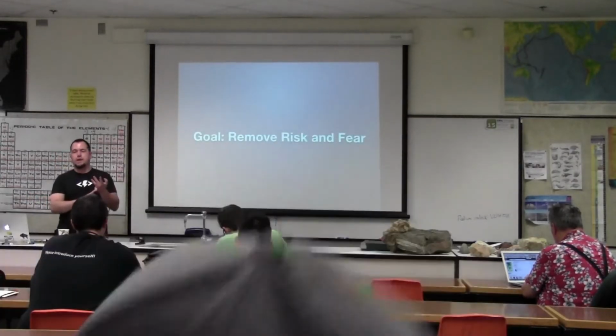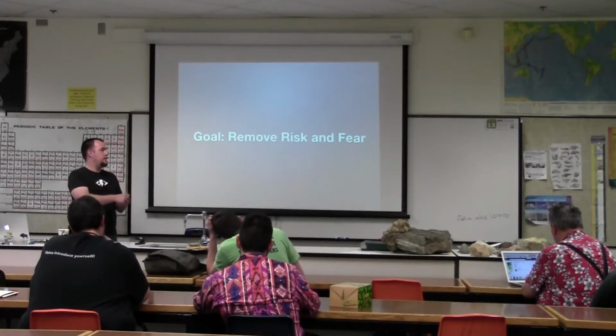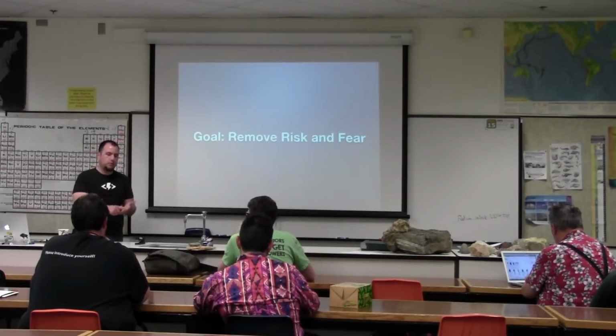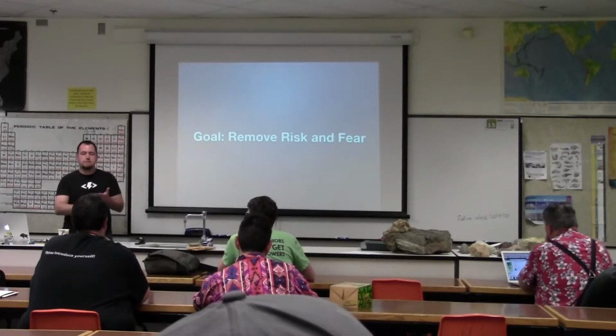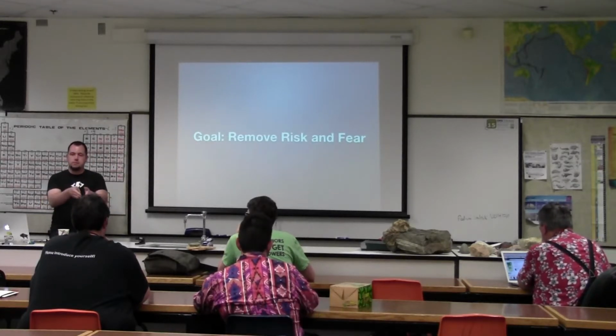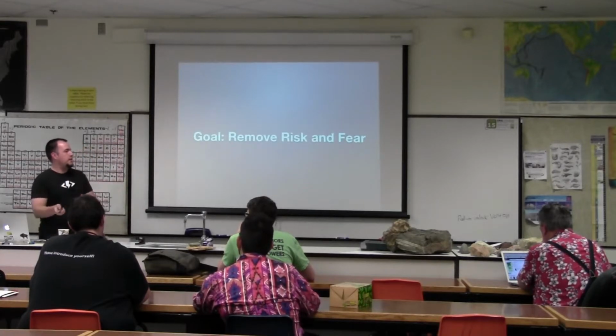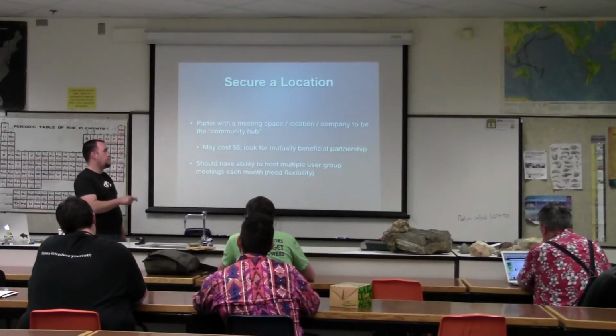How do I get the word out? So if you can focus on removing all that risk, where we'll give you everything you need if you have a user group, and it's a decent enough market, not something super niche, and you have someone else with you, what steps do you have to do to set this up?